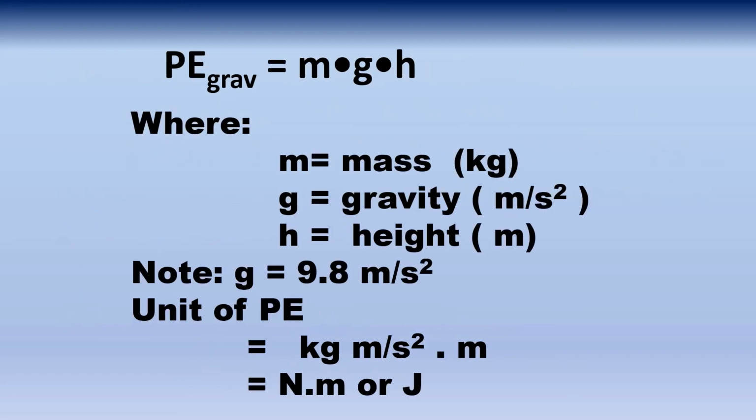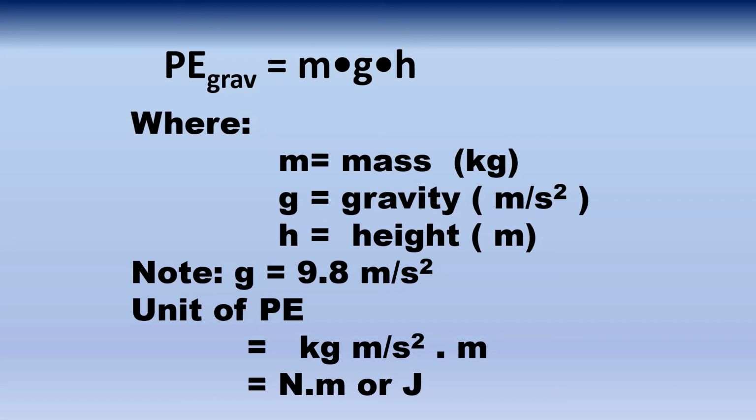Okay, so what is now the unit of potential energy? We derive it from the formula. Potential energy is equal to mass times gravity times height. Always remember that m stands for mass, g stands for gravity, and this gravity, take note, is constant, that is 9.8 meters per second squared. h stands for height, and that is in meters.